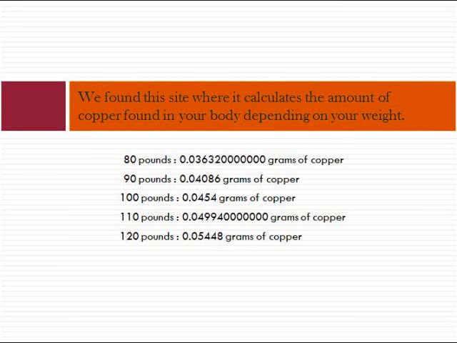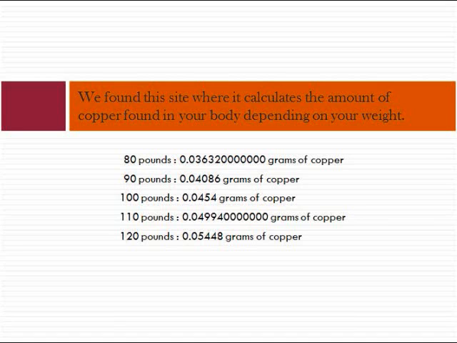So this is something we found interesting from a website. It actually calculates the amount of copper found in your body depending on your weight. For 80 pounds, you might have around 0.03632 grams of copper. For 90 pounds, you might have 0.04086 grams of copper.